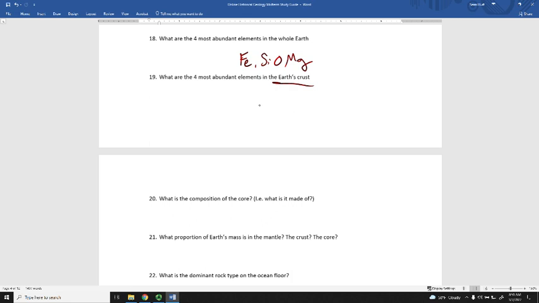Read the question carefully. The answer for the crust is silicon, oxygen, iron, and aluminum. It's really the same as the whole Earth, except we've swapped out magnesium for aluminum.